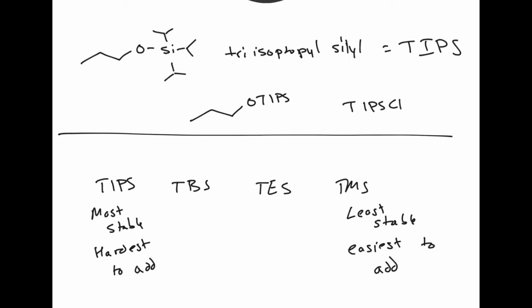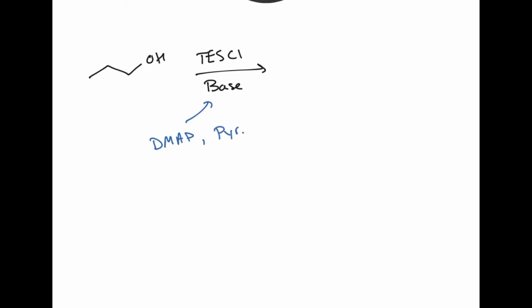So how do these go on? I kind of said that for all of them, we're going to have a chloride as our precursor. So you're going to take your alcohol, you're going to add your chloride, and then you're going to add a base. These are usually amine bases, like DMAP, your friend pyridine that keeps coming up over and over again, triethylamine, or imidazole.